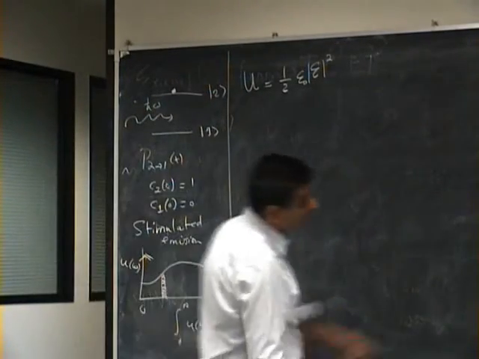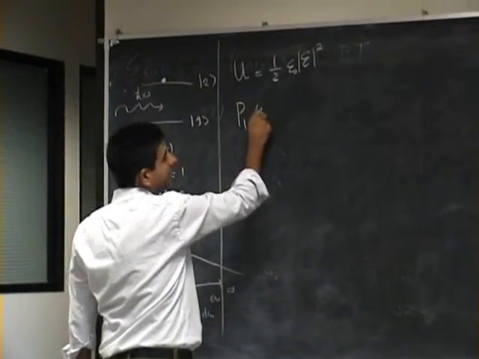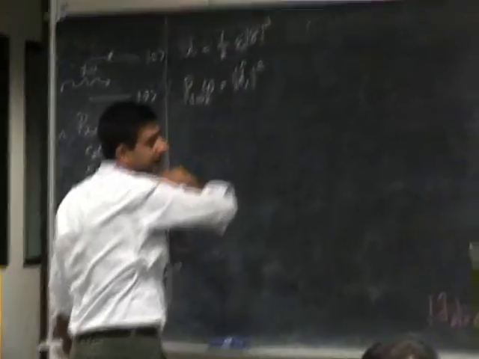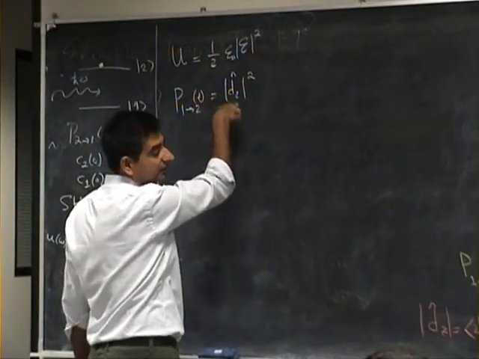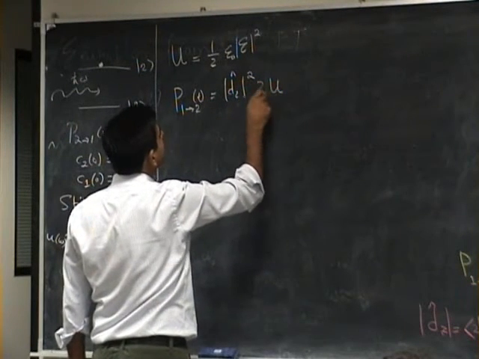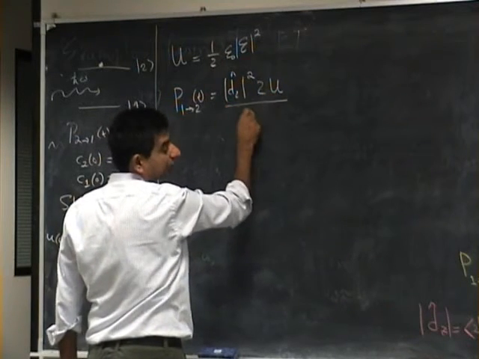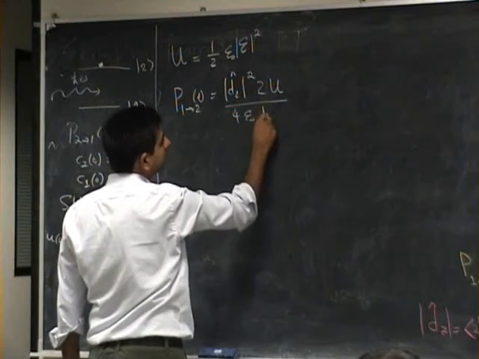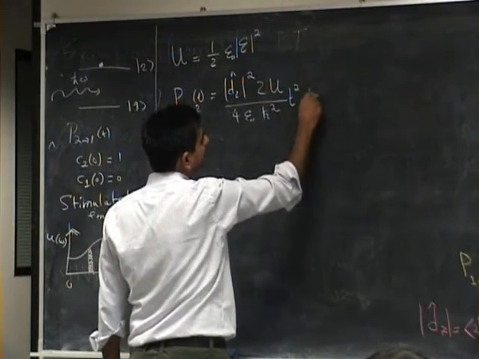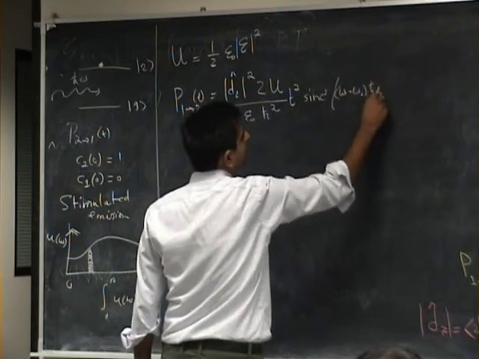So this probability of making transition from 1 to 2 really becomes the dz transition matrix element squared. This electric dipole transition matrix element. E modulus squared is replaced by 2U over epsilon naught, 4 h bar squared, small t squared, sinc squared of (omega minus omega naught) t by 2.